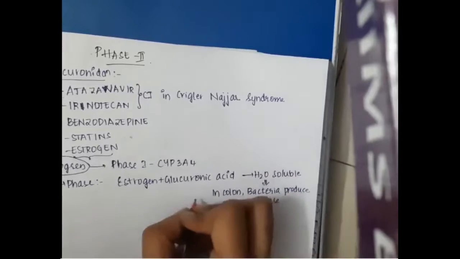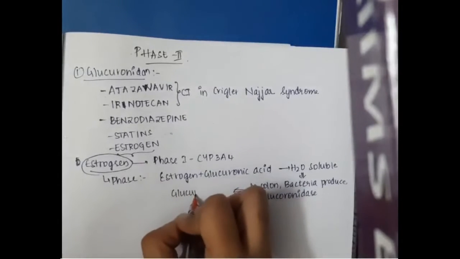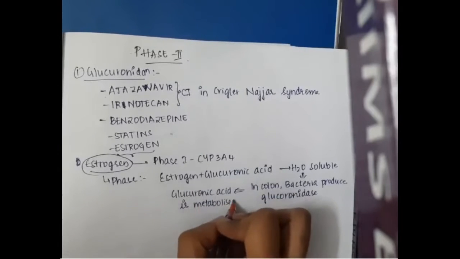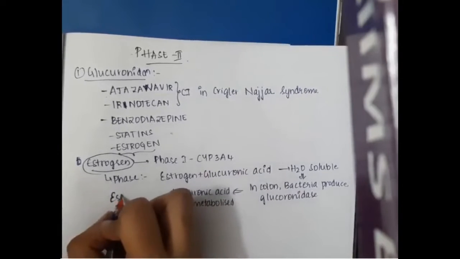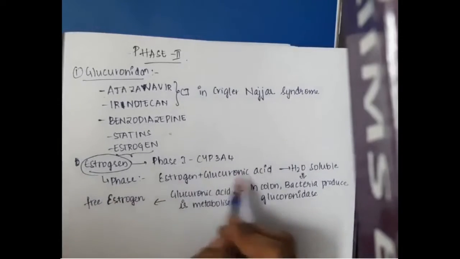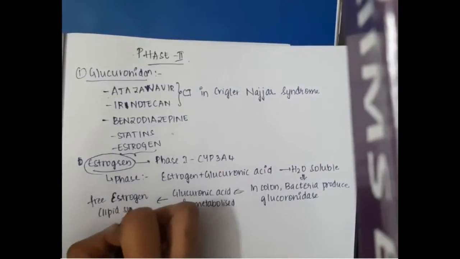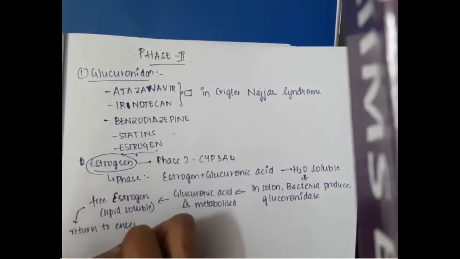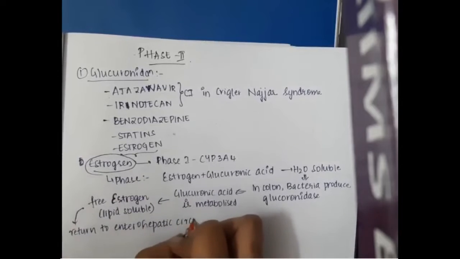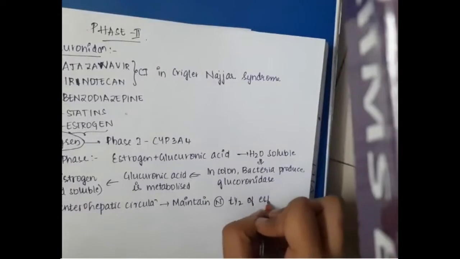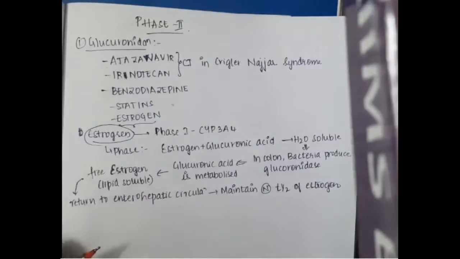This glucuronidase enzyme breaks down the glucuronic acid, so only free estrogen is left. This free estrogen is lipid soluble, so it will return to the enterohepatic circulation and maintain the normal half-life of estrogen.